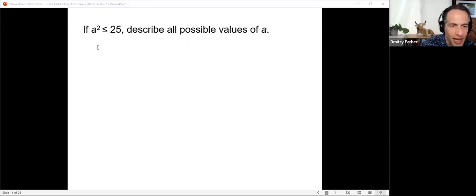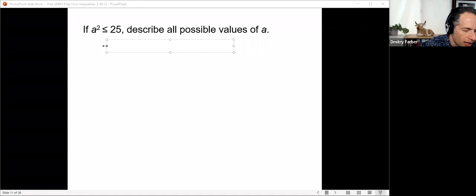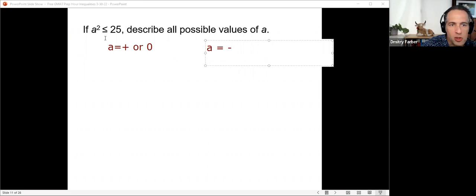If you want to be very technical about it, I'm not saying you should do this, but you can. You could say, I've got two possibilities. One is that A is positive or 0. The other is that A is negative. When you unsquare a square term that was positive or 0, you just get the same thing.